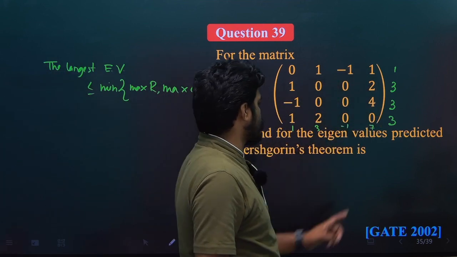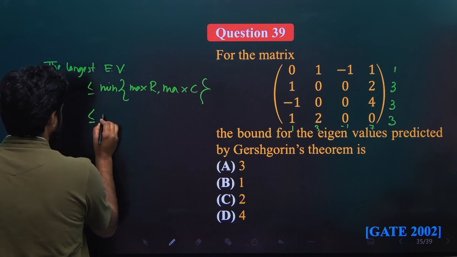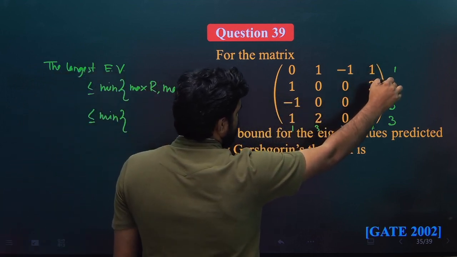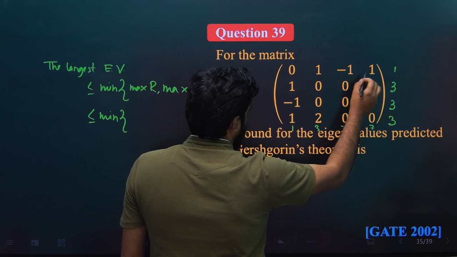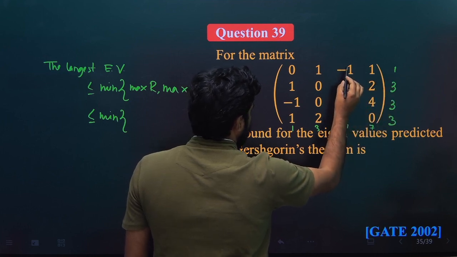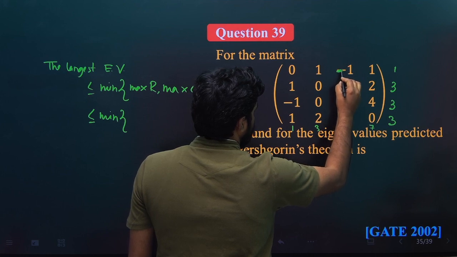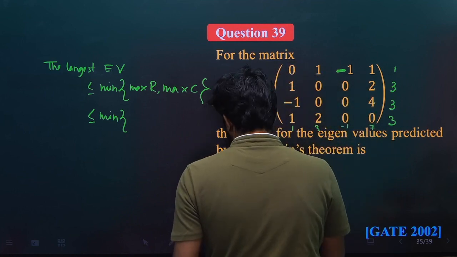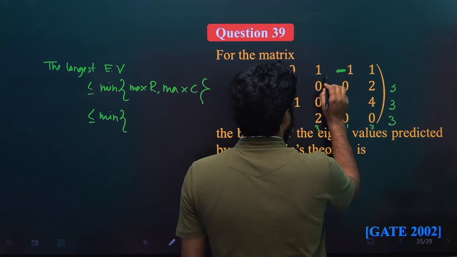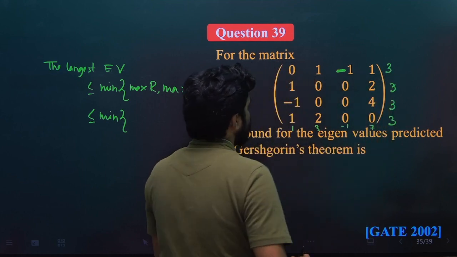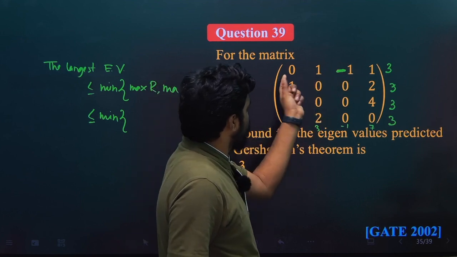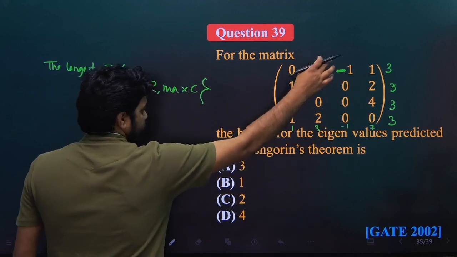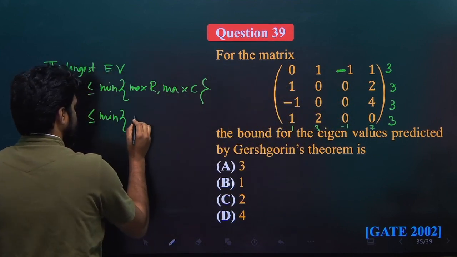Look at the max of each row. Please correct that to 0 1 1, okay, 0 1 1. So the row sum is 3, 3, 3, so the maximum is 3.